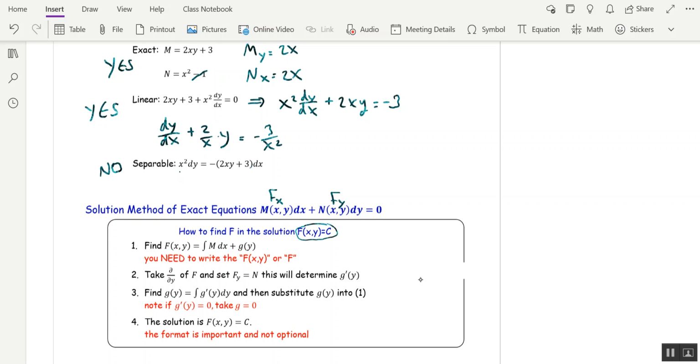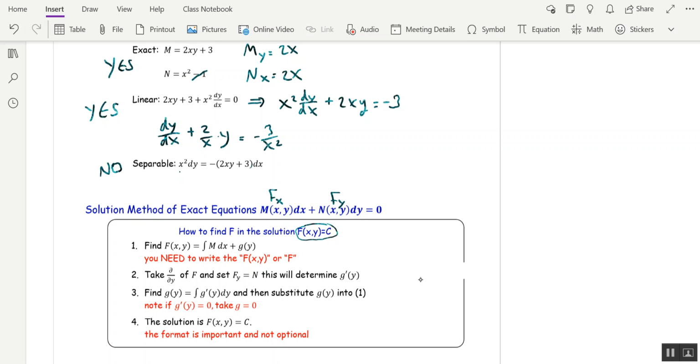That will give you g prime of y, and you can recover g in step 3 by integrating with respect to y. If g prime of y equals 0, then g is a constant, and you take the constant to be 0. There's a couple examples that you're going to do at home where g is actually equal to 0.